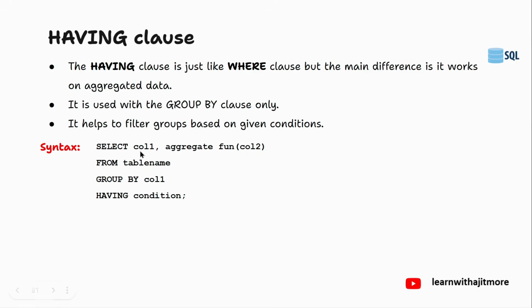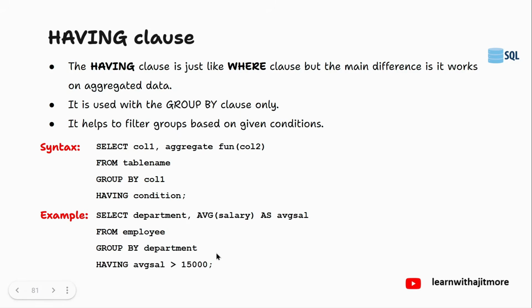The basic syntax is the same. This is the column on which the grouping is done, so the same column you write in group by. Then the aggregate you want to apply, from table, group by the column name, and then the having. Okay. I want to display all the departments whose average salary is more than 15,000. Department-wise average salary I'll find out.